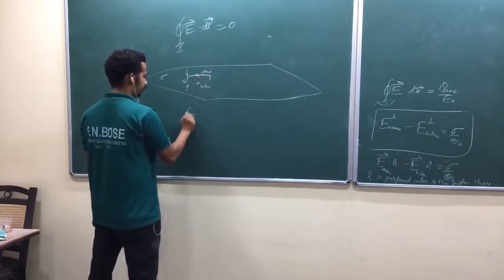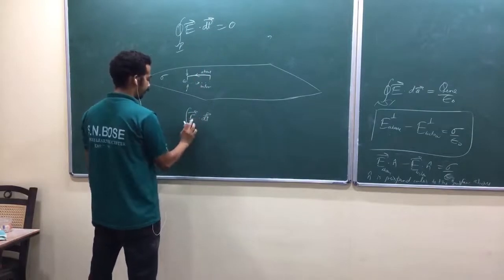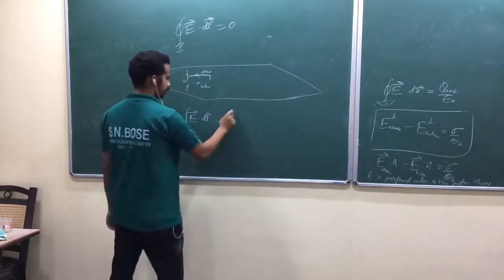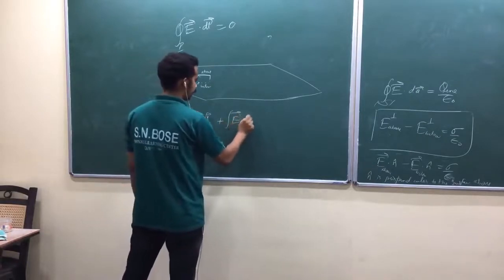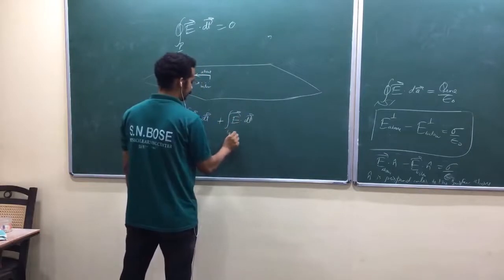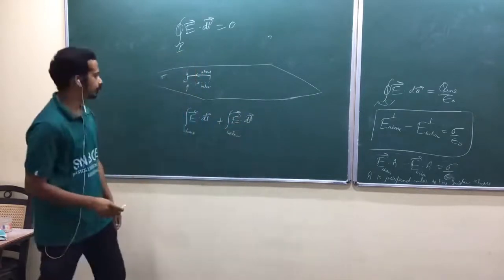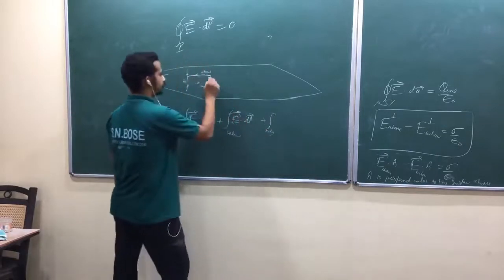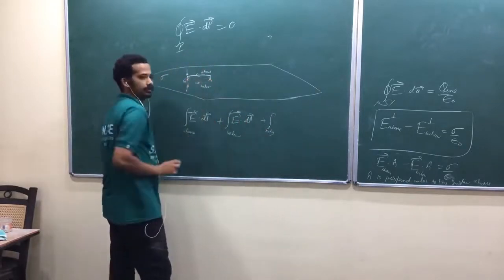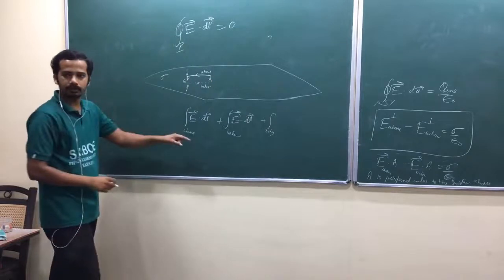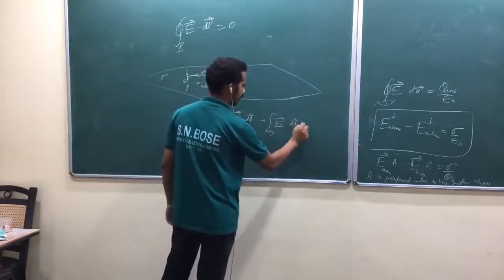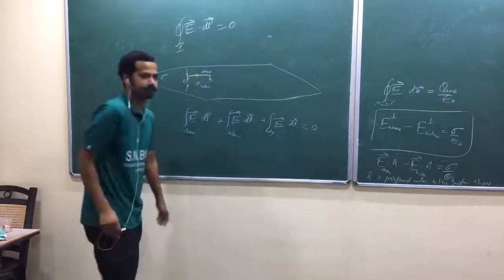So E bar dot dl bar above plus E bar dot dl bar below, plus the edges here and here. Anyway, we are shrinking that to 0, so you don't have to worry about this part. E bar dot dl bar is equal to 0.